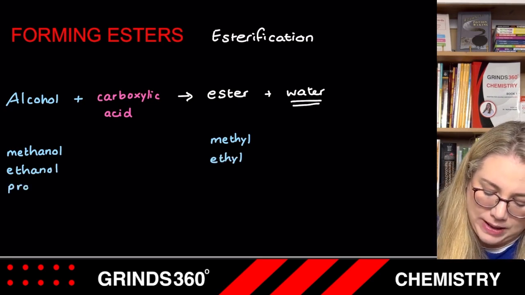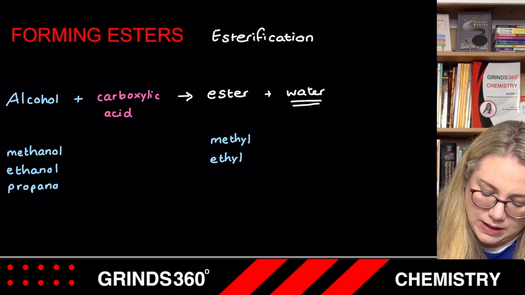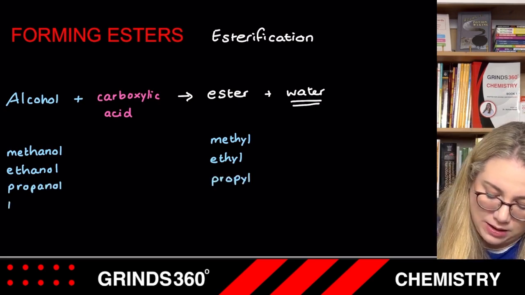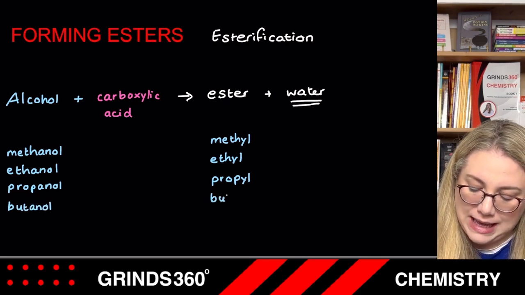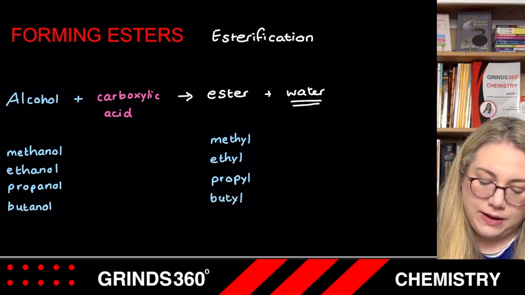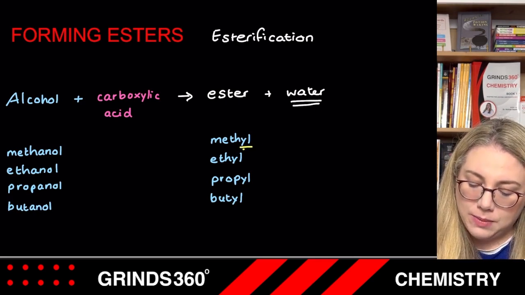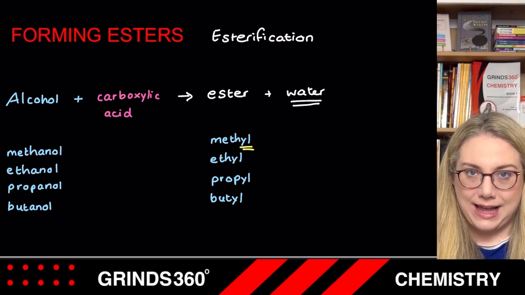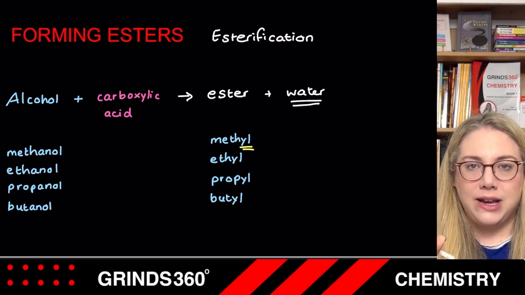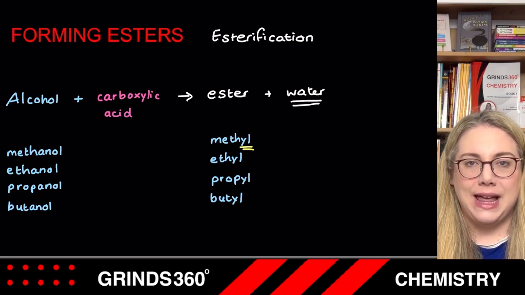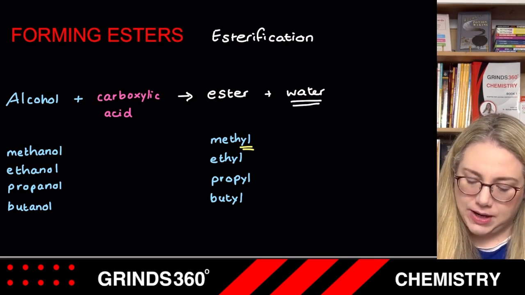If it was propanol, it will be propyl. If it was butanol, it will be butyl. So the alcohol part of the reagents needed to form the ester will form the part that ends in yl. So take off the anol part of the alcohol and put yl there instead. So methanol becomes methyl, ethanol becomes ethyl, etc.